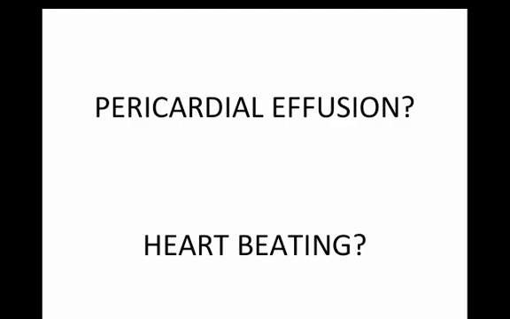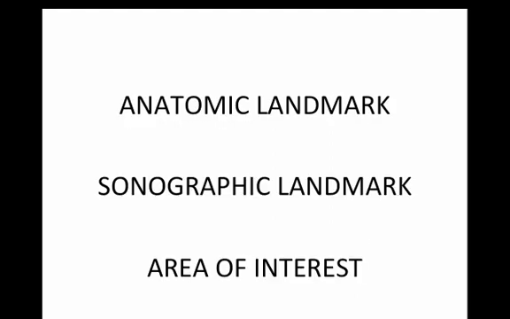We do this by following the basic tenets of introductory ultrasound, which are to identify the anatomic landmark, the sonographic landmark, and the area of interest. Remember, the anatomic landmark in this type of cardiac study is the umbilicus. The sonographic landmark is the heart, and the area of interest is the pericardium.